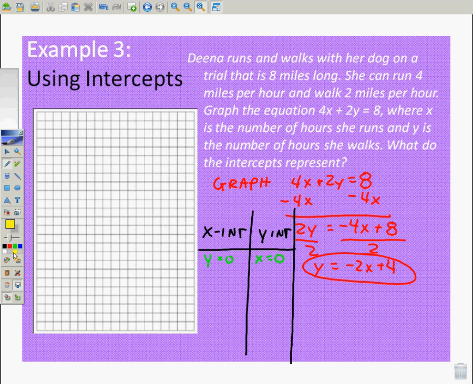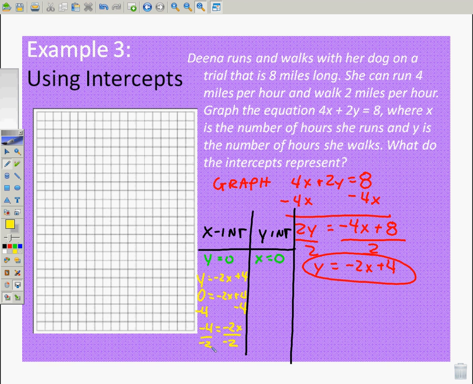And so when I solve for these two things, if y is equal to 0, let me rewrite. I'm trying to smash it in too much. y equals negative 2x plus 4. So 0 equals negative 2x plus 4. So if I subtract 4 from both sides, I've got negative 4 equals negative 2x, and I'll divide by negative 2.